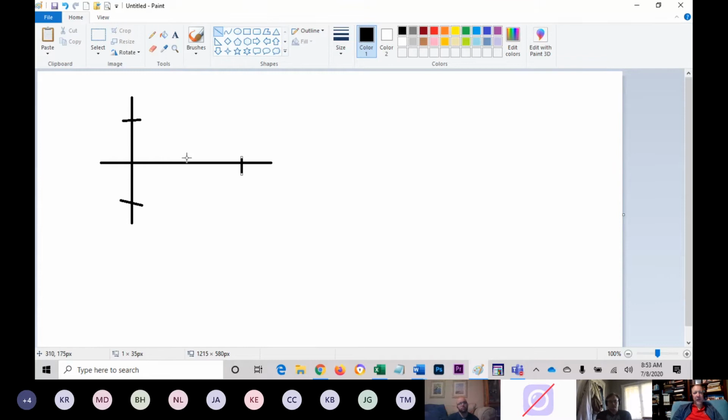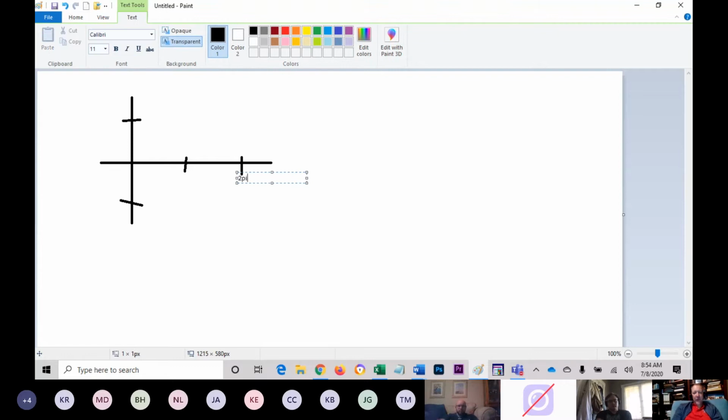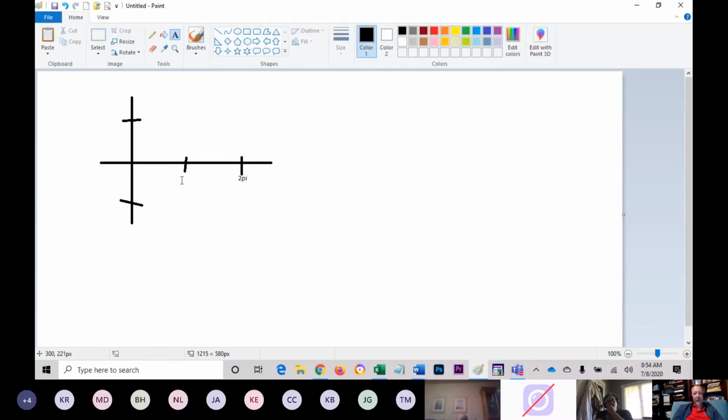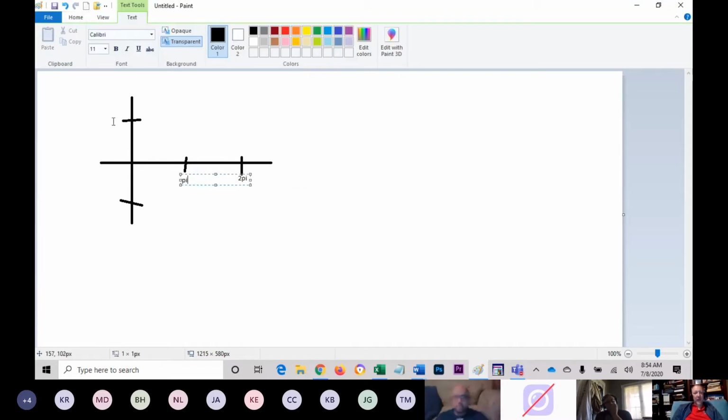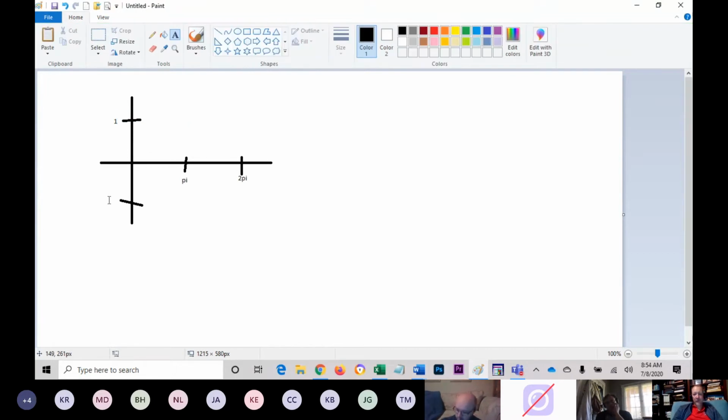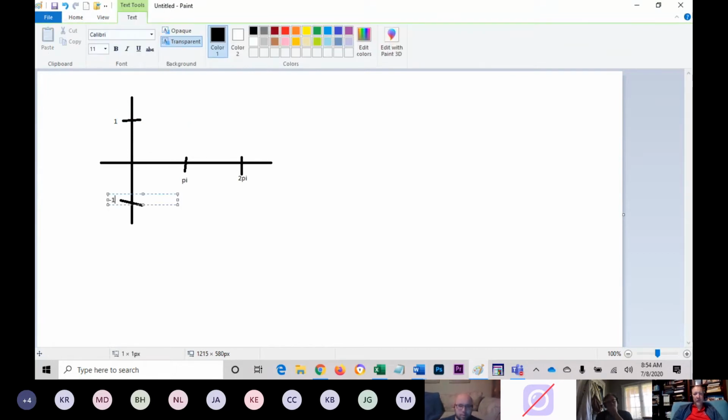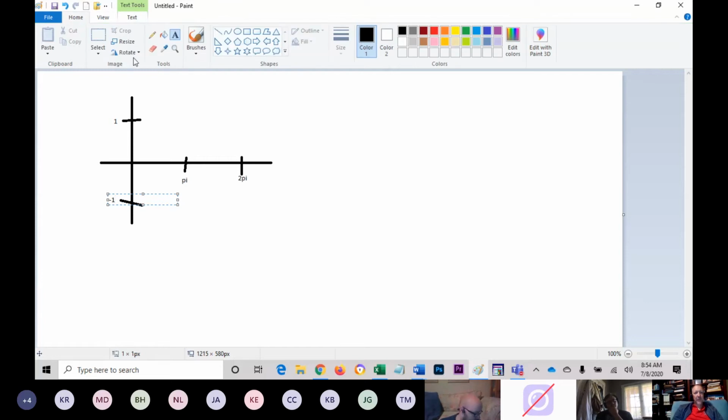This is going to be 2 pi. I guess I should start putting my stuff in here. 2 pi and pi and 1 and -1, and pi halves and 3 pi halves.